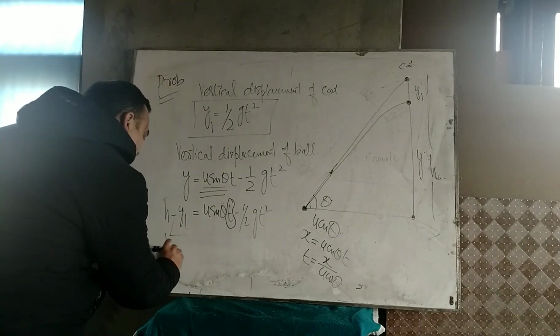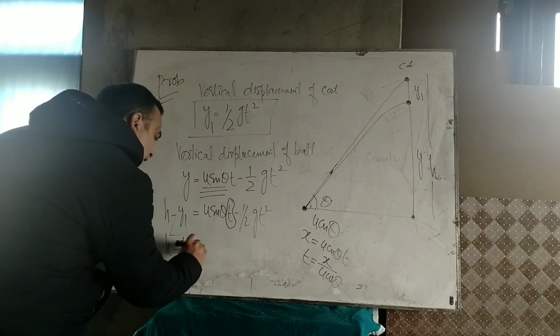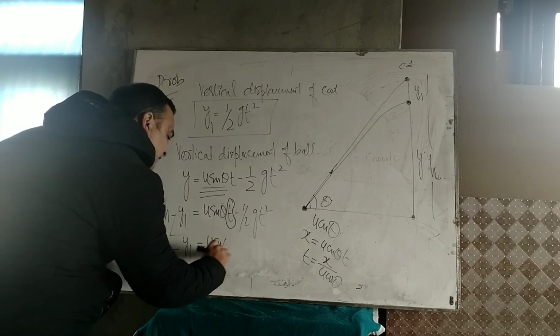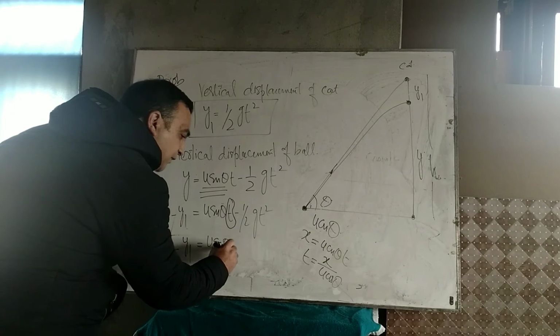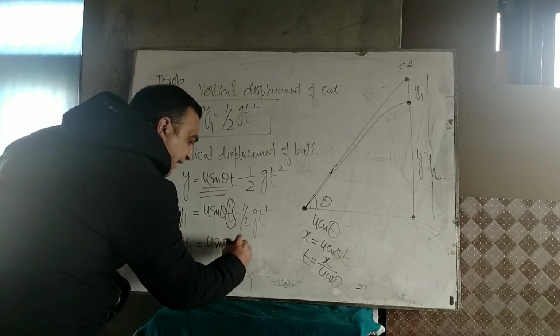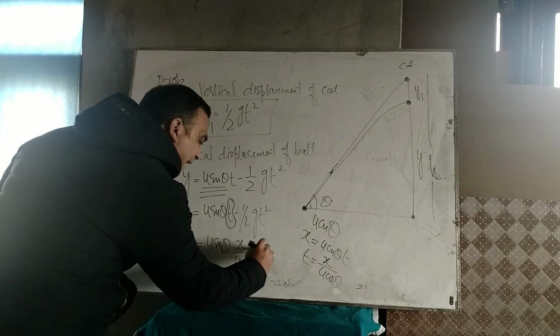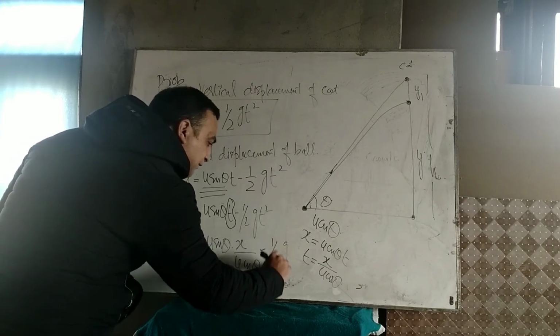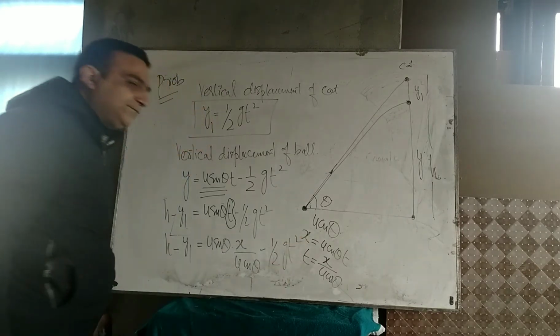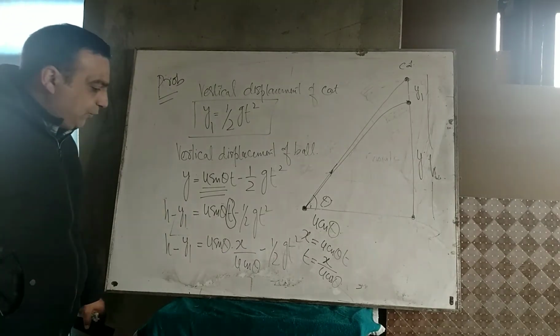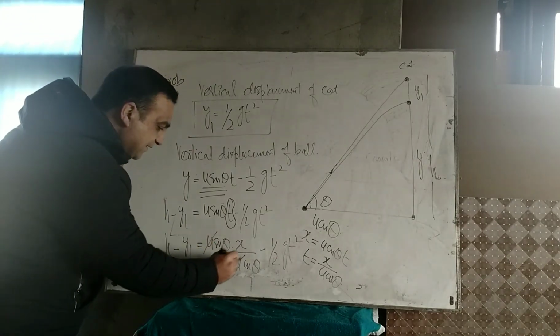So h minus y1 will be u sine theta, instead of t, what am I going to write? I'm going to write x by u cos theta minus 1/2 of gt square. So you can see this u and u will cancel.